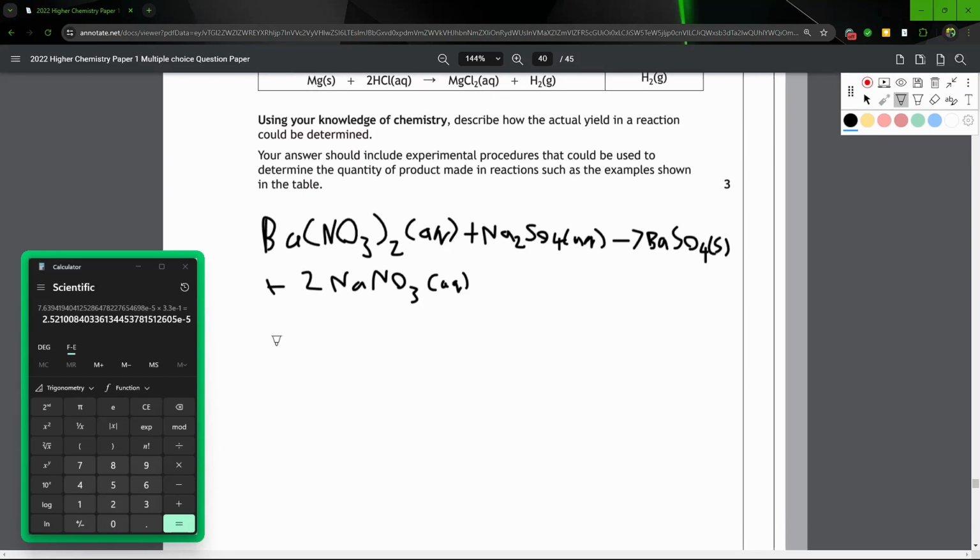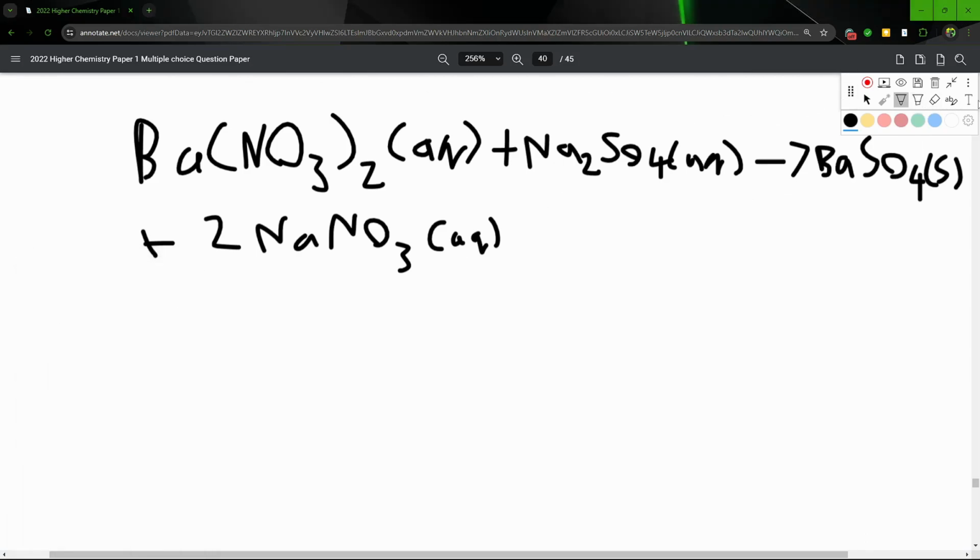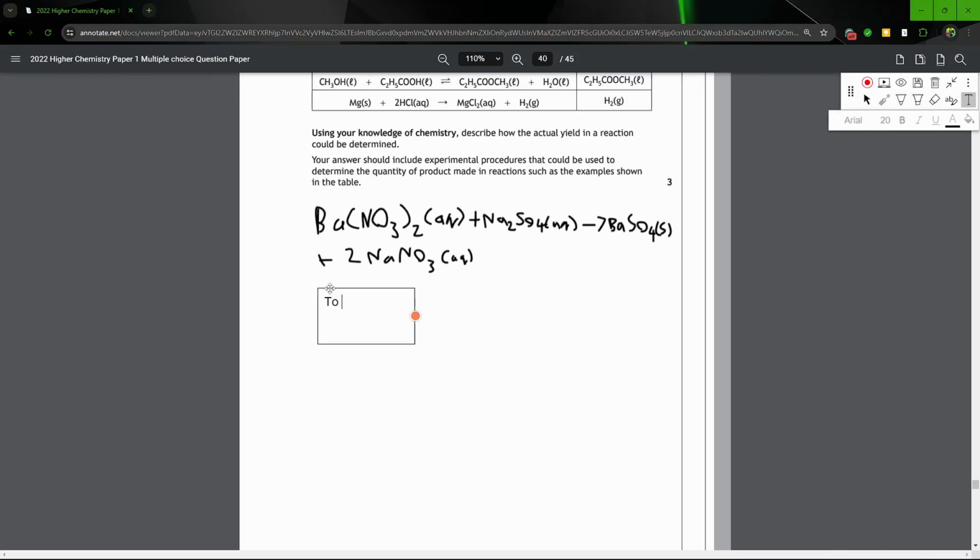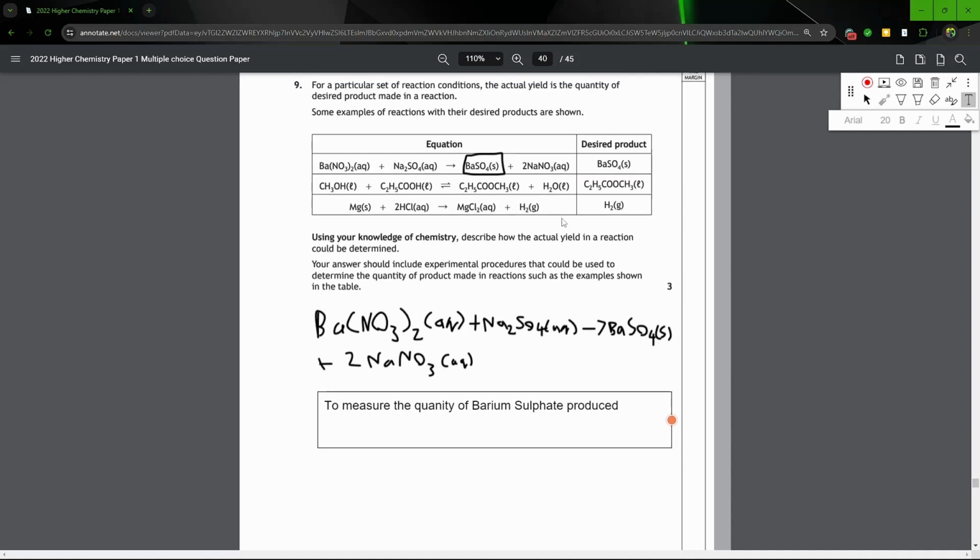So I'm going to start writing it out. To measure the quantity of barium sulfate produced by the reaction, filter the product through some filter paper.